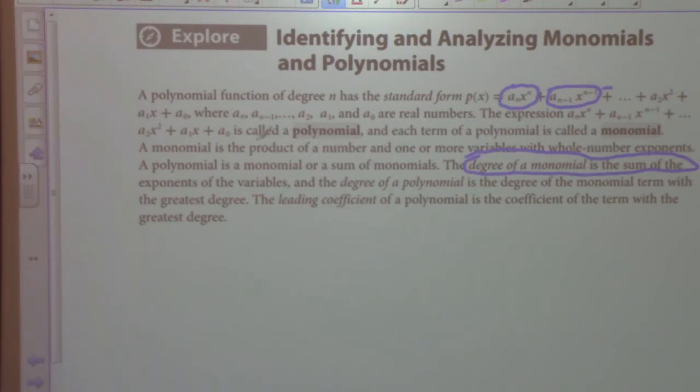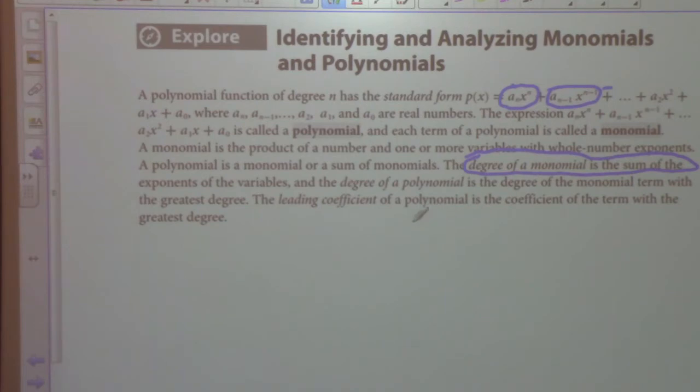A monomial is the product of a number and one or more variables with whole number exponents. That's a good refining question, Marcus, because these exponents can only be whole numbers. They can be 0, 1, 2, 3, 4. It cannot be a half or negative 1/2 and so on.